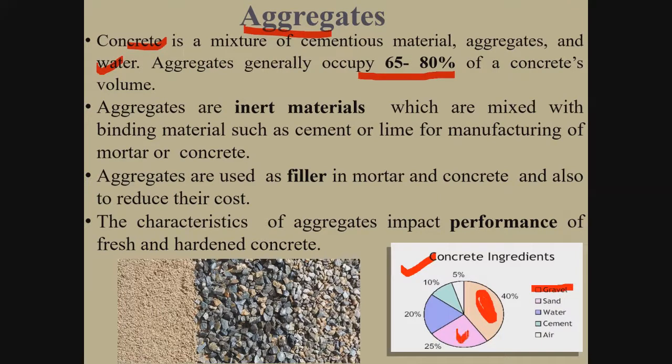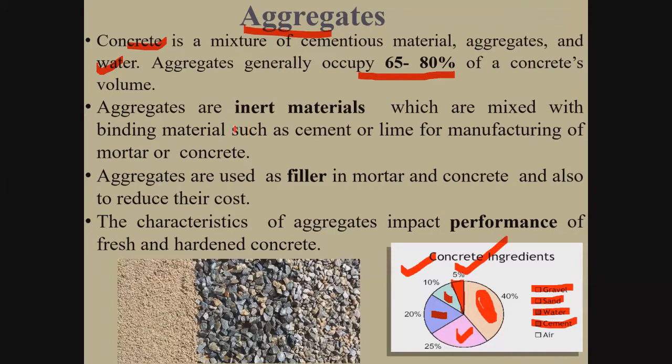About 25% of the volume is occupied by sand. Around 20% of the volume in concrete is occupied by water, and around 10% is occupied by cement. There may also be air present inside, and the volume of which may be around 5%.